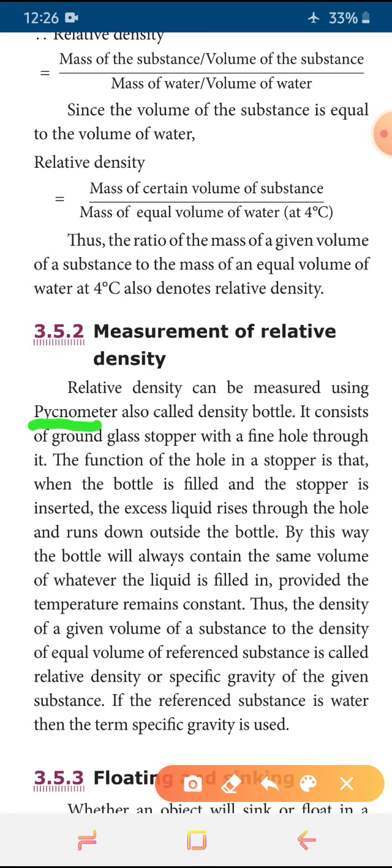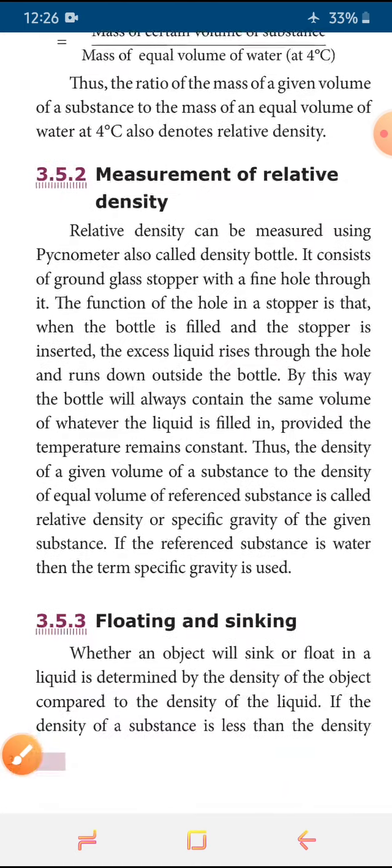So by this way we can maintain the same volume whatever liquid we are filling, and we can maintain the same temperature. Then we can calculate the ratio between these two. The comparison will be calculated here, and we can calculate the relative density. And if the reference substance is water, then the term specific gravity is also fine. We can find it with the help of this method.